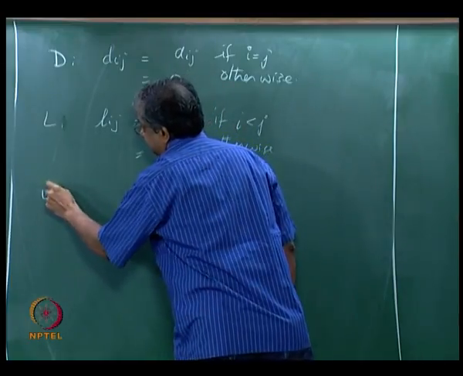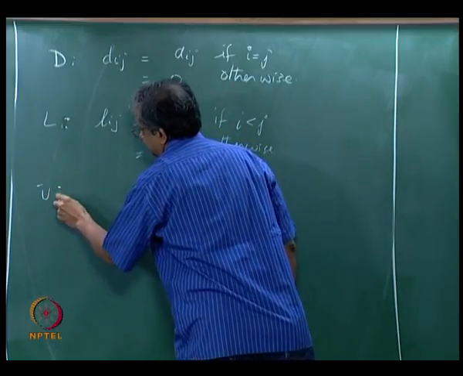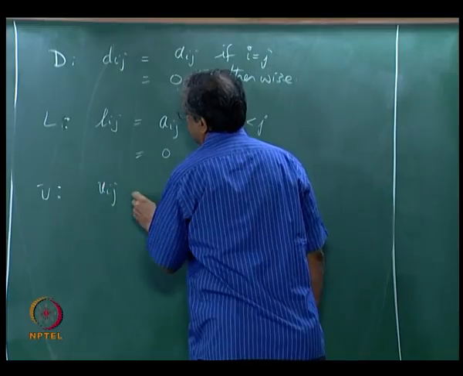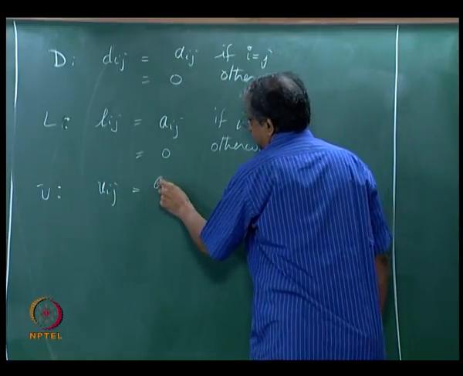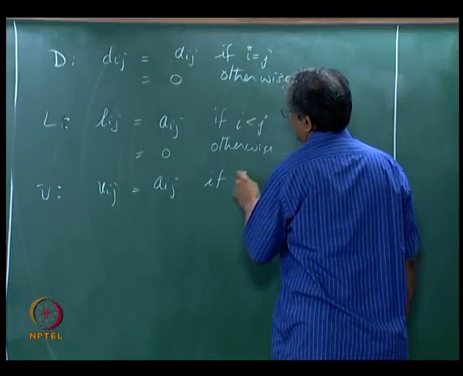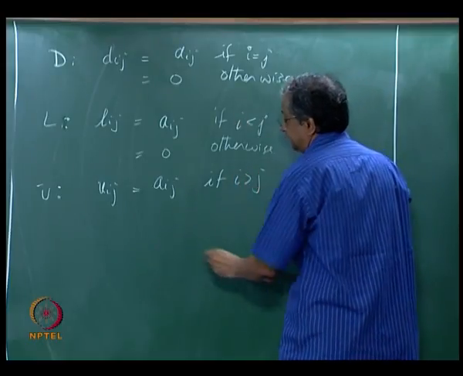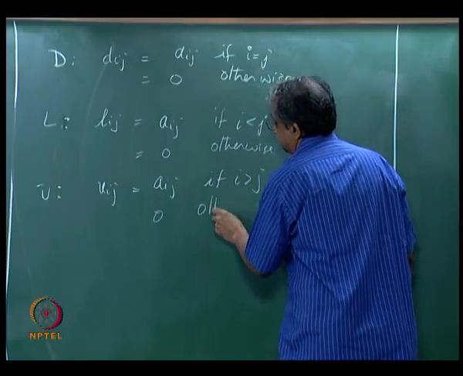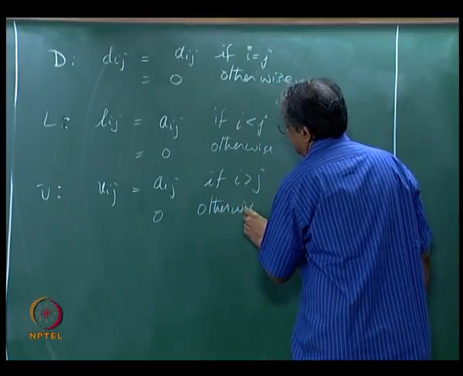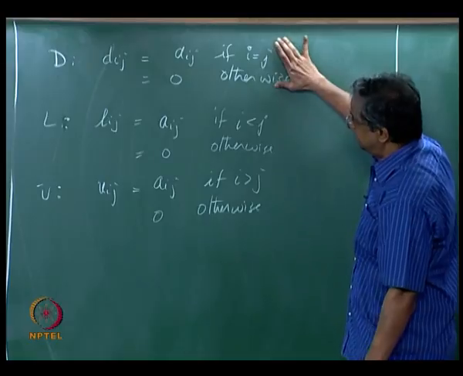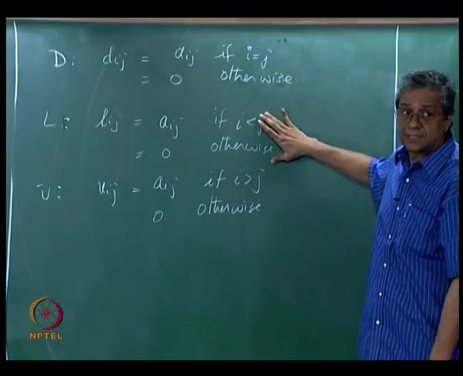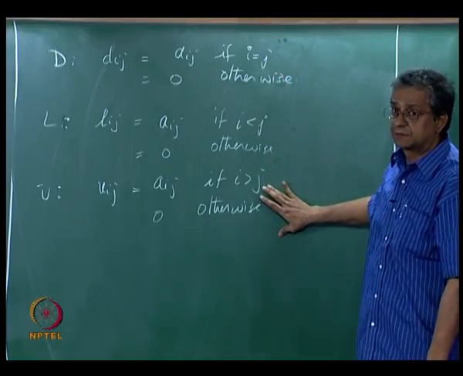And U, that is Uij, is Aij for the opposite, i greater than j, and 0 otherwise. So, basically this will give me the diagonal elements, this will give me the elements below the diagonal, this will give me the elements above the diagonal, okay.